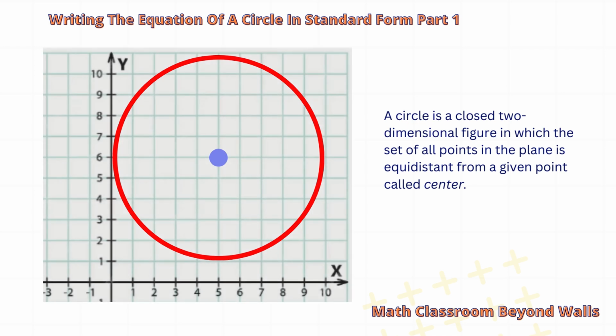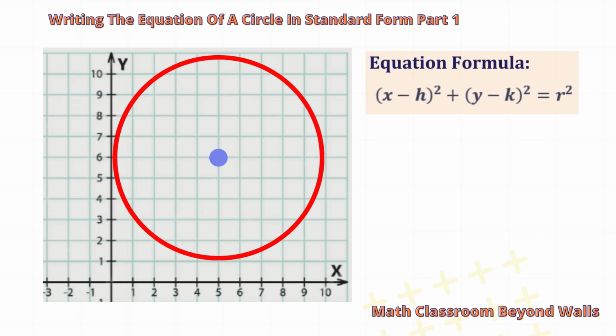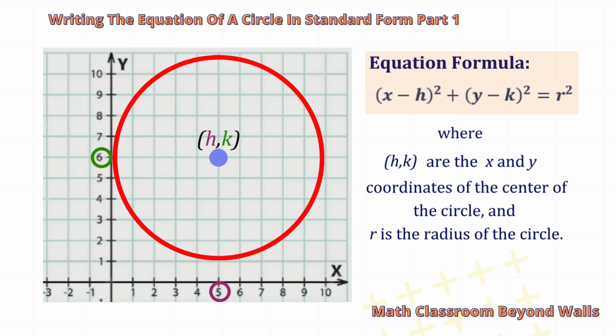For a circle, its equation in standard form is (x minus h) squared plus (y minus k) squared equals r squared, where (h, k) are the x and y coordinates of the center of the circle, and r is the radius of the circle.